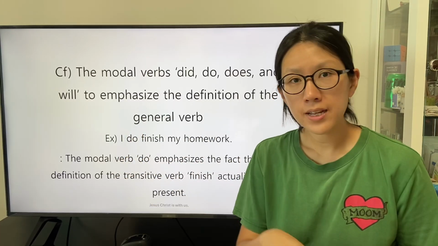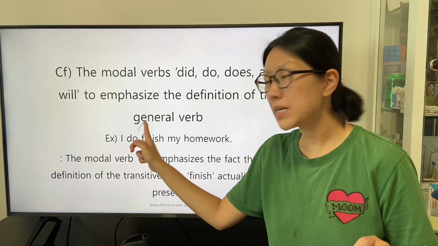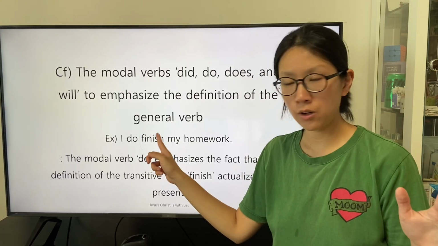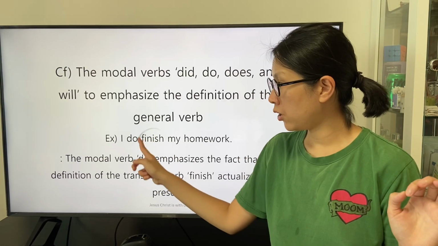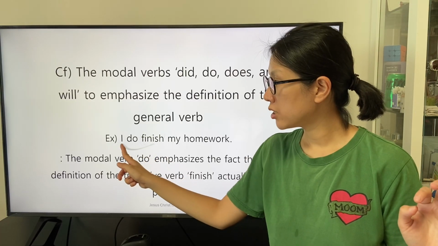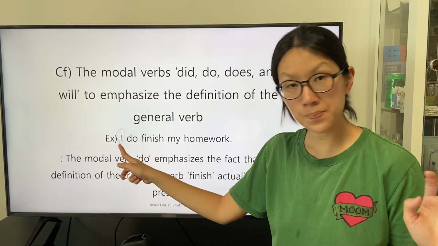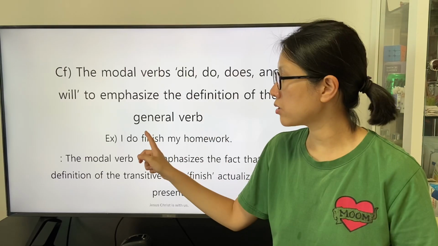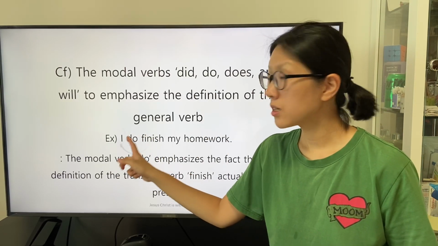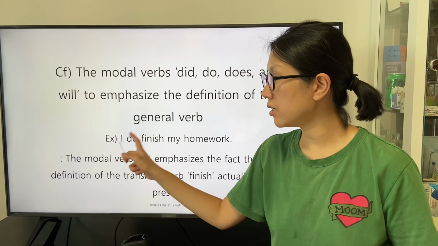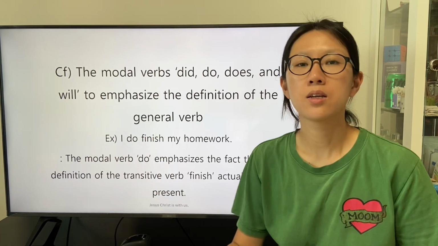The modal verb specifies the definition of the transitive verb finish, and the transitive verb finish describes the speaker as the subject. So we can understand that the modal verb do describes the speaker as the subject in the indirect way.